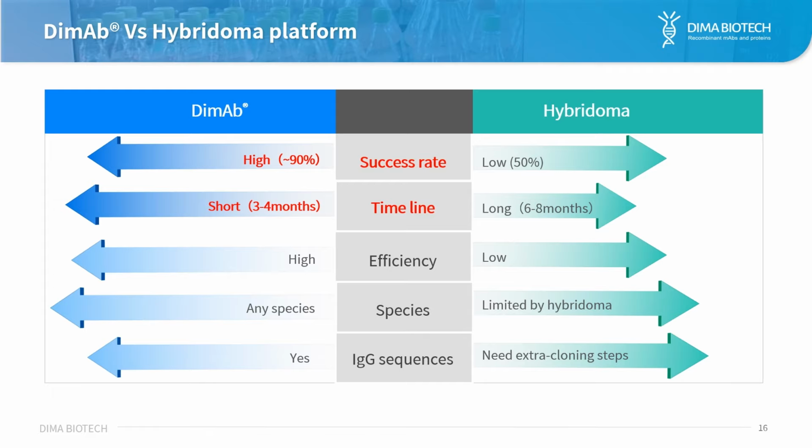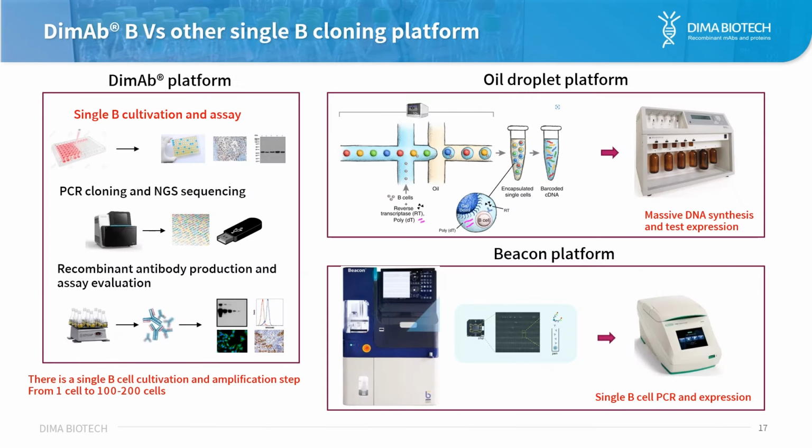In terms of timeline, DimAb technology only needs half of the time compared to hybridoma technology. Single B-cell technology for monoclonal antibody development is the most advanced technology.